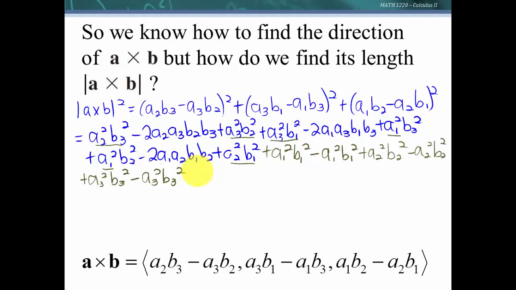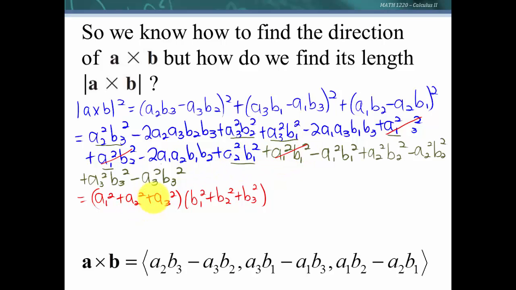Now, why I am doing all that is because now if I round up all of these squared terms, A1 squared plus A2 squared plus A3 squared multiplied by B1 squared plus B2 squared plus B3 squared. If I did the A1 squared to this one, then to this one, then to this one, that would be this term, and this term, and this term.